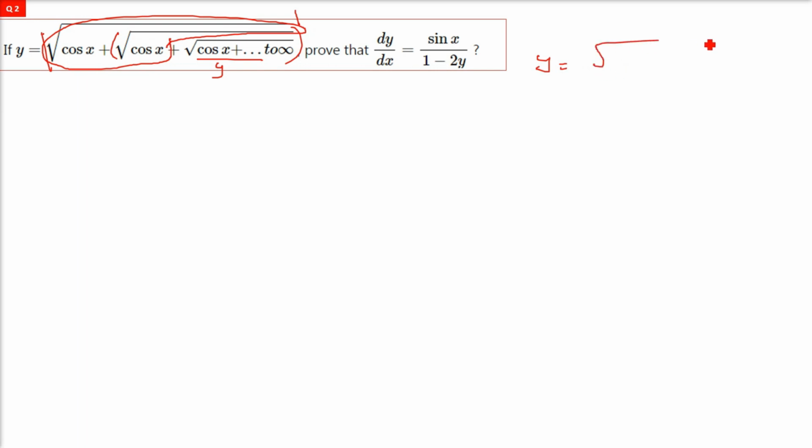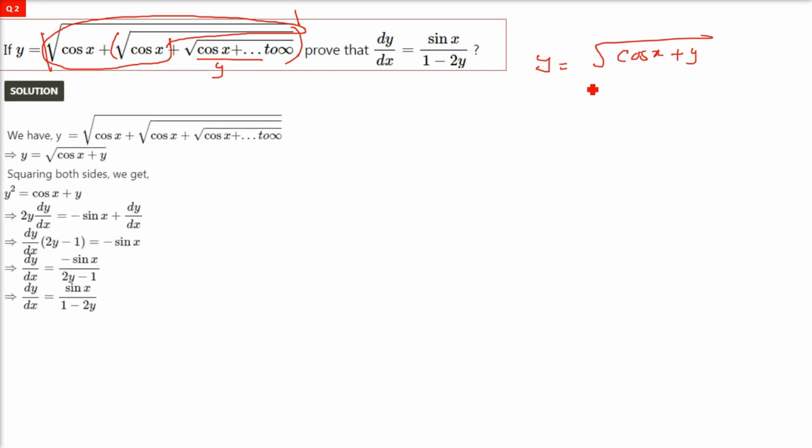So it can be written as y is equal to under root cos x plus y. If you understand this, it will be helpful for all the questions which are coming up. And in order to find the differentiation, you can just square both the sides. So you'll get y square equals cos x plus y, as the under root is eliminated.